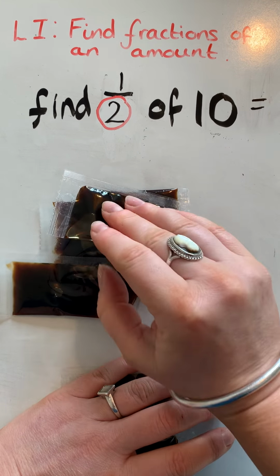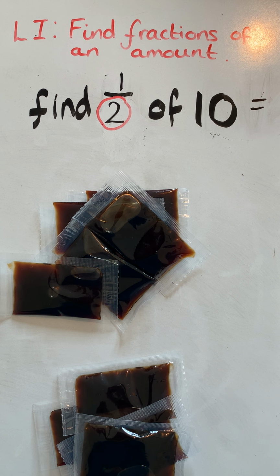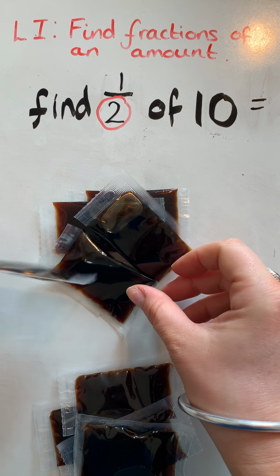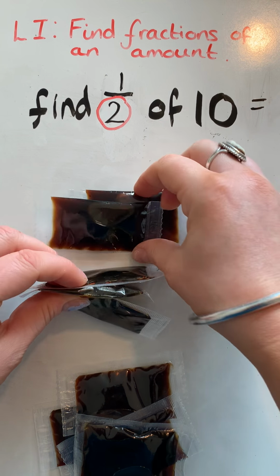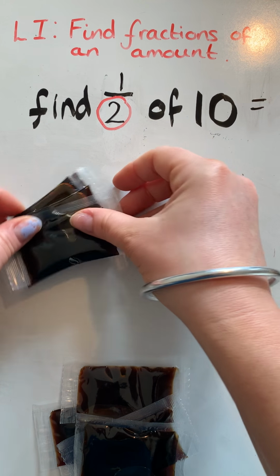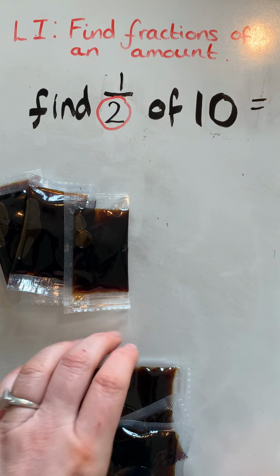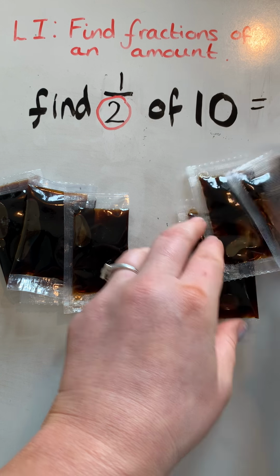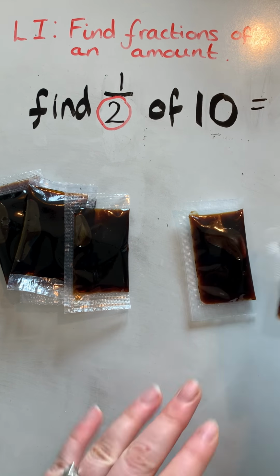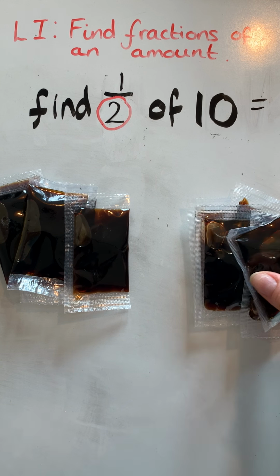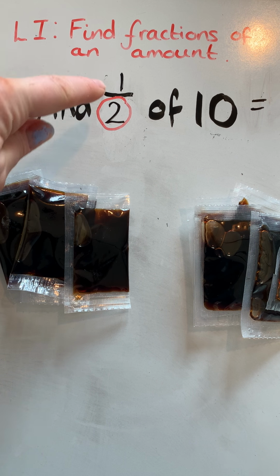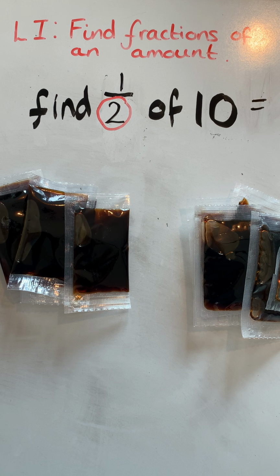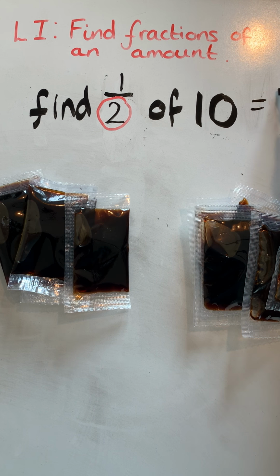So I've shared everything out equally. How much do I have in each group? Well, let's count. 1, 2, 3, 4, 5 in that group. And in this group over here, 1, 2, 3, 4, 5 in that group also. So that means that 1/2, so one group out of 2, has 5. So that would be our answer.